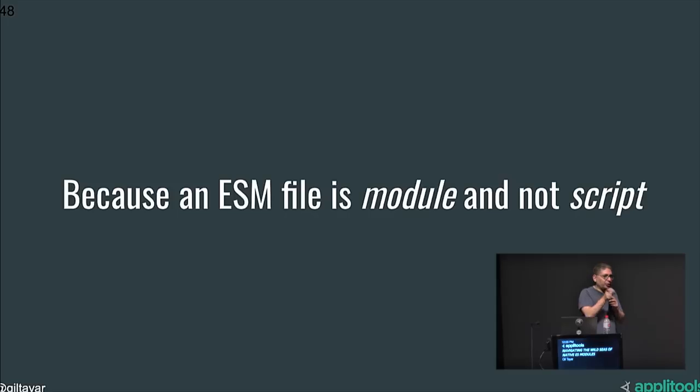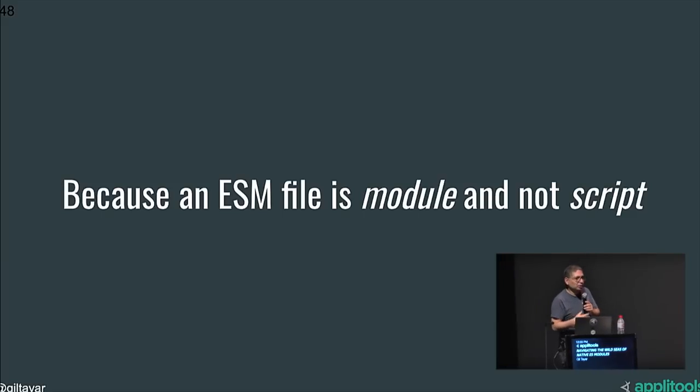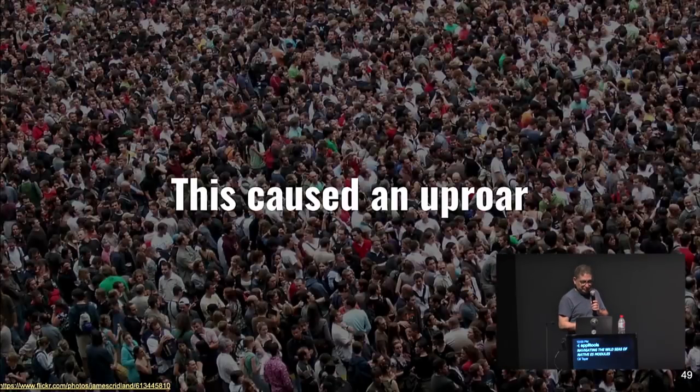And it has a different way of thinking about the code in there. And if an editor tool, let's say ESLint, wants to lint the file, it needs to know that this is module code and not script code. So they decided on a specific extension. There are other reasons, but in essence, that is the point.